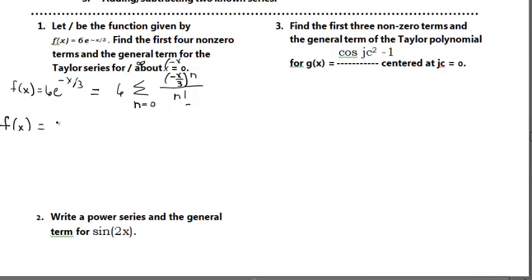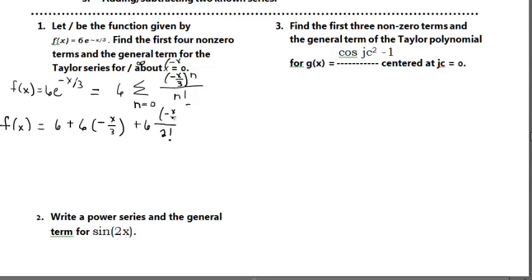Also multiplying by 6. So look at the first term of e to the x, it's just 1, so I'm going to multiply by 6. And the next term is x, so it's going to be 6 times, not what x is, but, excuse me, negative x over 3. And the next term is x squared divided by 2 factorial.